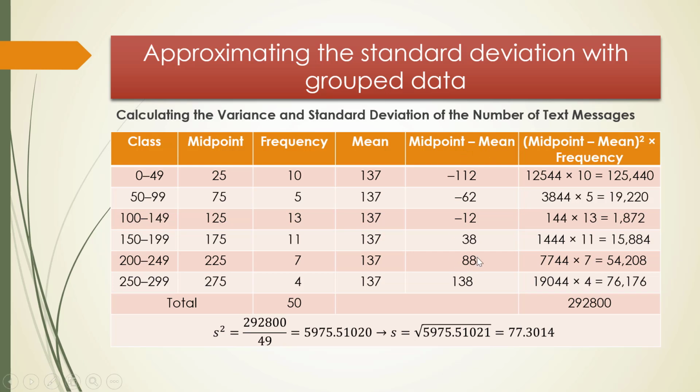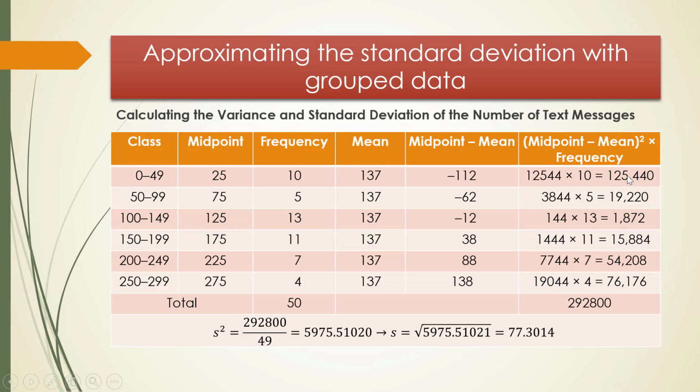So we square each number in this column, then multiply by its frequency. Negative 112 squared is 12,544, times its frequency of 10. So for the first class, we got 125,440. Then do the same thing for the other classes.